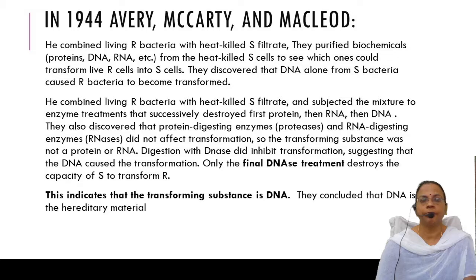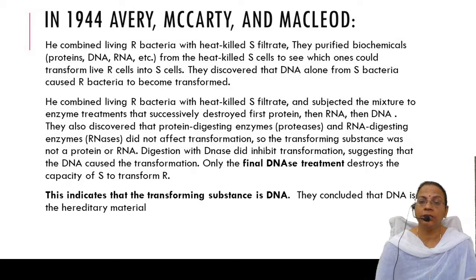So here is the experiment by which they gave the experimental proof for the transforming principle. What they did is they separated the components, because the cell itself is made up of three components: DNA, RNA, and protein.